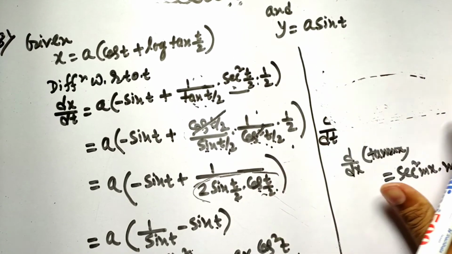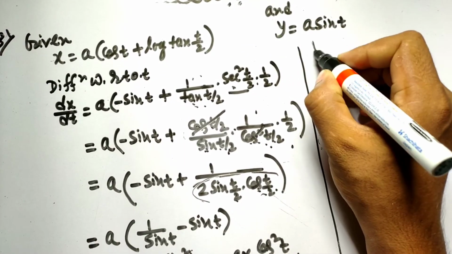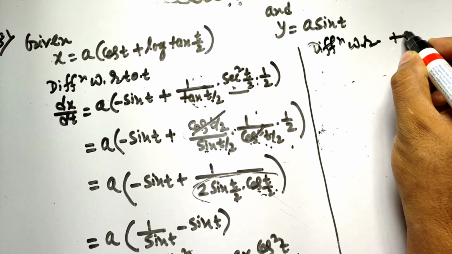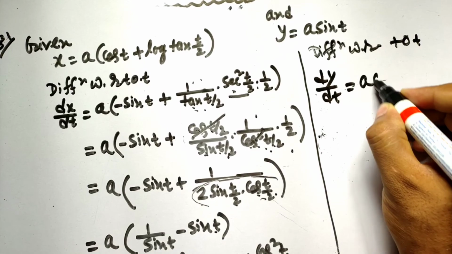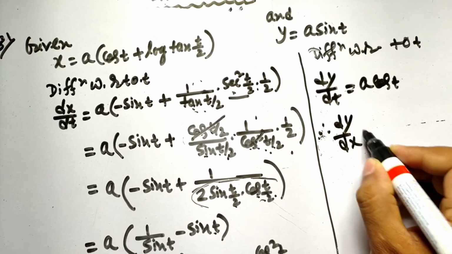Next, given y equal to a sin t. So differentiate with respect to t. dy/dt is actually a cos t. You have to find dy/dx.